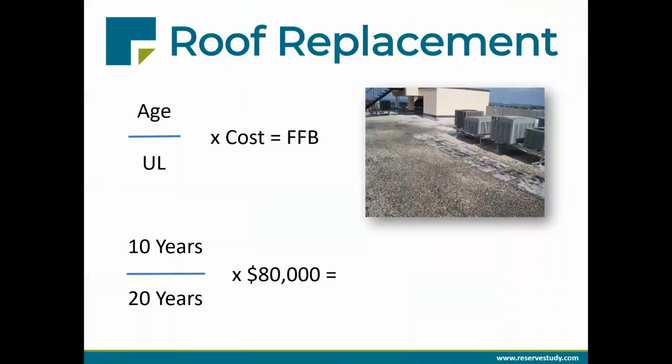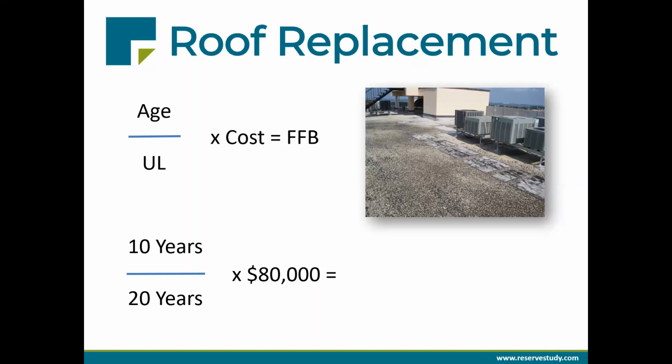The next thing we're going to do is calculate the fully funded balance for each component of the property. And for the sake of this example, I'm going to limit this to just 3 things. First one, we'll look at the roof. Okay, let's say the roof is 10 years old and has an overall useful life of 20 years, and let's give it an estimated replacement cost of $80,000. Keep in mind that the fully funded balance for the roof is only the proportion of the cost that they should have on hand today.